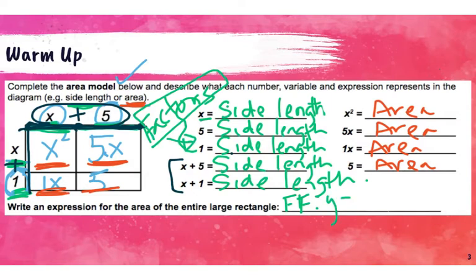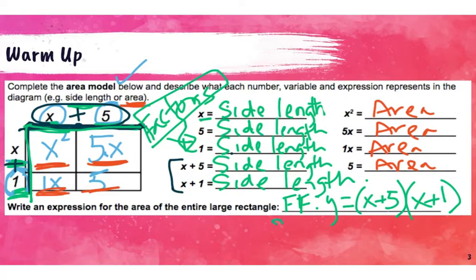So I can say y equals x plus 5 times x plus 1. I'm taking this entire side length times this entire side length, and that gives me the area of the whole thing. So I'm writing out just those factors.